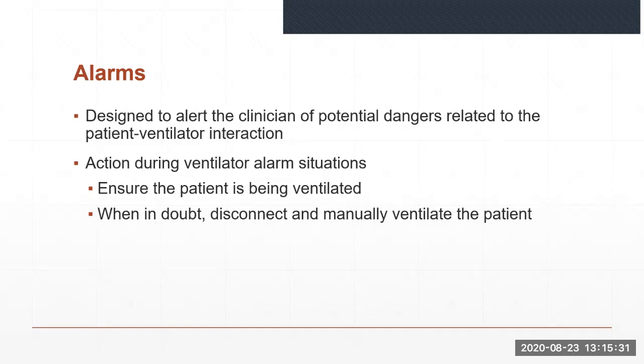Level 2 are potentially life-threatening, such as circuit leak, circuit partially obstructed, heater or humidifier malfunction, inappropriate inspiratory to expiratory ratio, inappropriate oxygen levels, auto-cycling, and inappropriate PEEP or CPAP level. And level 3, not life-threatening but a potential source of patient harm, are changes in lung characteristics, high respiratory rates, auto-PEEP, and changes to ventilatory drives.